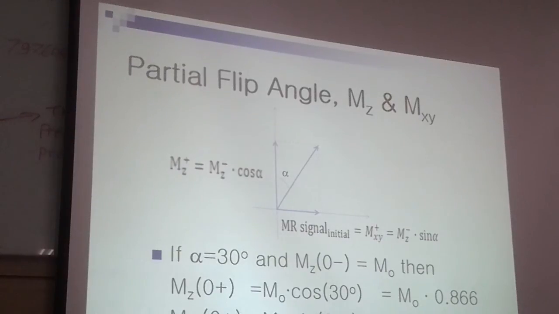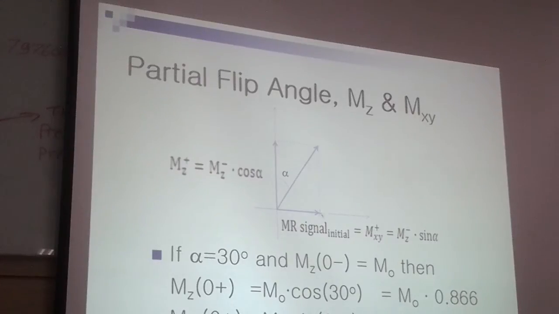This means that the RF pulse is the first initial RF pulse. Just after the RF pulse, of which the flip angle is 30 degrees, the longitudinal magnetization becomes M0 multiplied by cosine 30 degrees, so about 87% of the equilibrium magnetization.